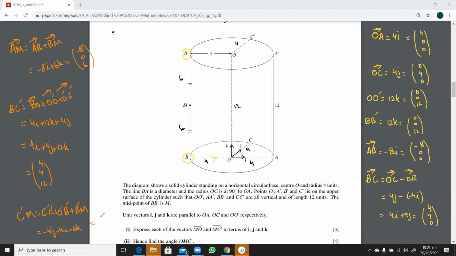So finally, this is minus 4, minus 4, minus 6. If this is your C dash M, what will be MC dash?